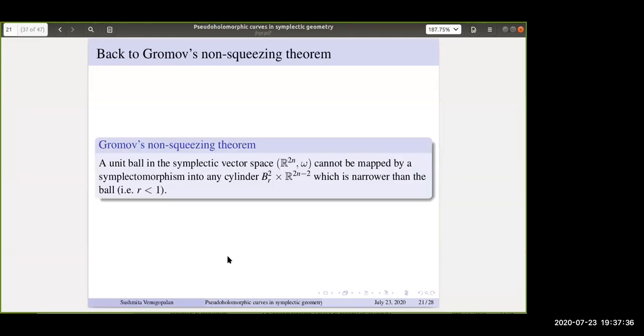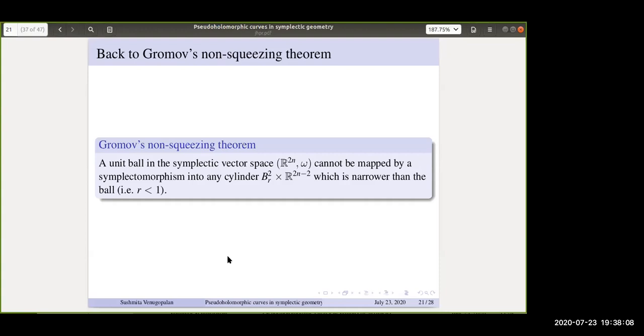Okay, so now let me get back to the proof of Gromov's non-squeezing theorem. Before we start proving the result, let's just recall the statement, which says that a unit ball in a symplectic space cannot be mapped by a symplectomorphism into a cylinder which is narrower than the ball.